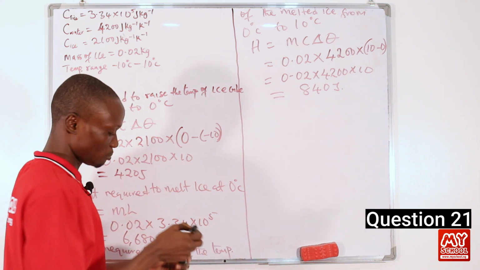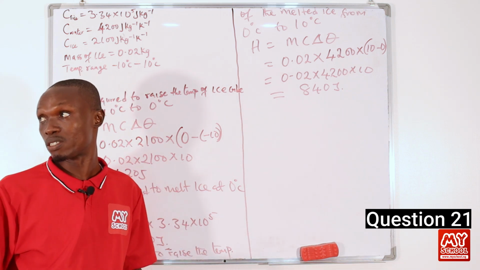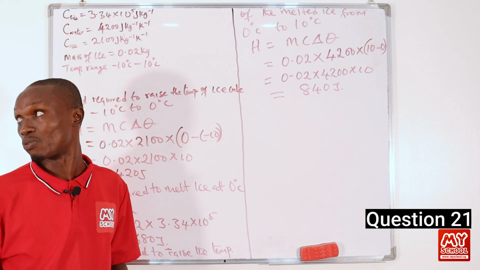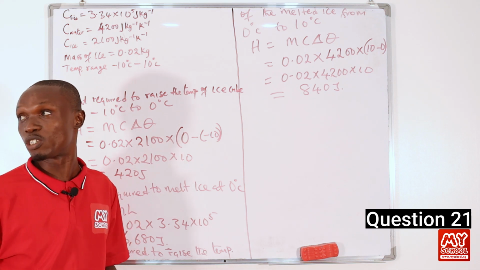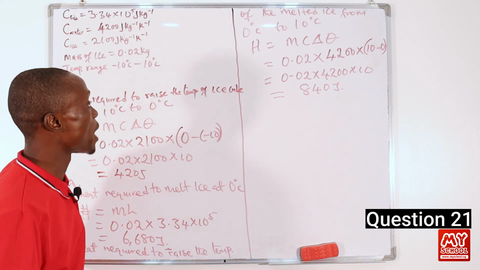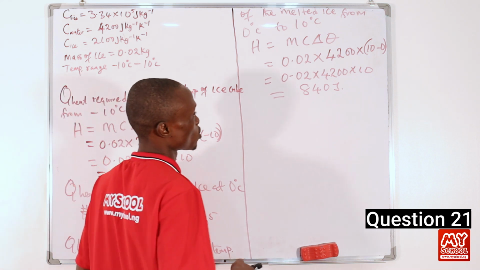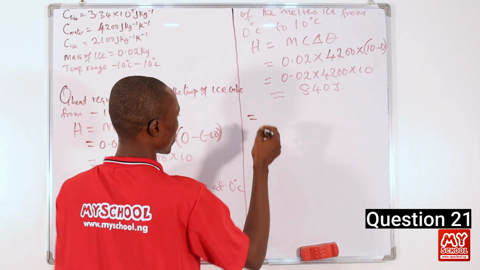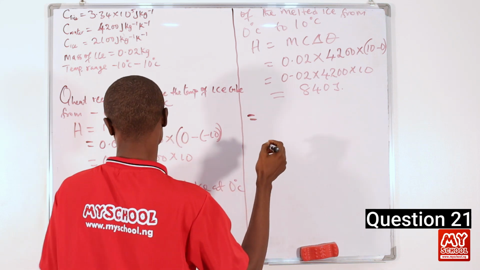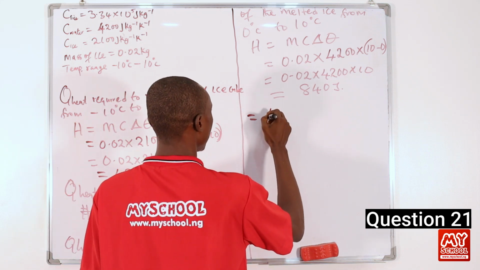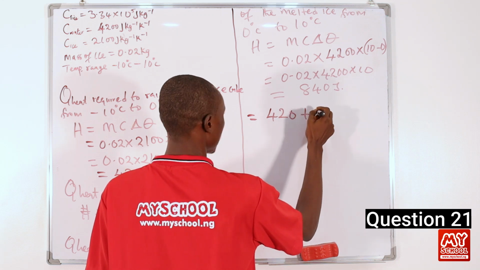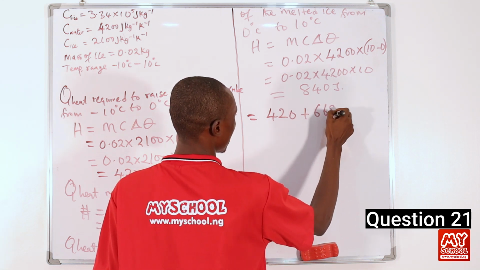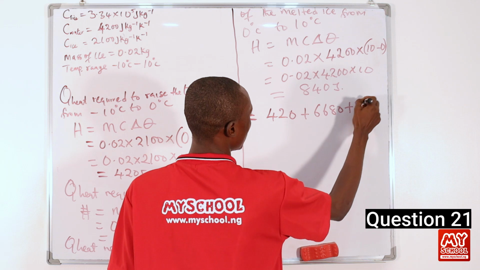So the amount of heat required to raise the temperature of 0.02 kg of ice cube from minus 10 degrees Celsius to 10 degrees Celsius will be equal to the summation of all the heats we got from the calculations. That would be 420 plus 6,680 plus 840.